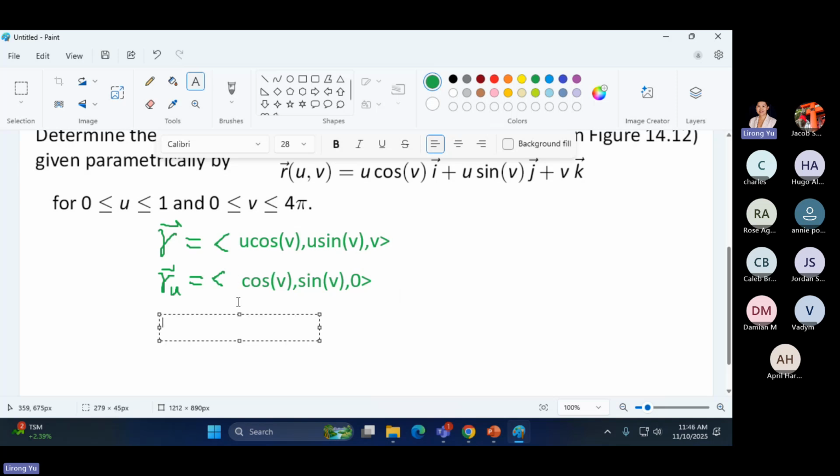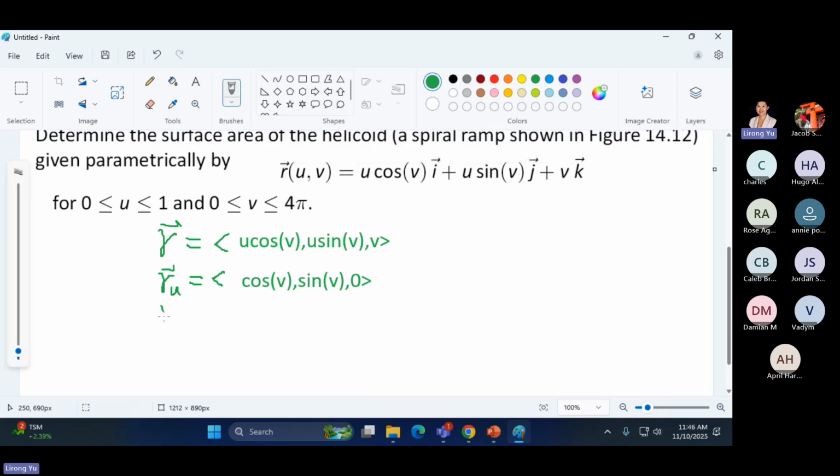Now we also find the derivative of R with respect to v. So R_v, and you can also think of this as dR/dv. It would also be a vector, because R itself is a vector, so the partial derivative of a vector is a vector.